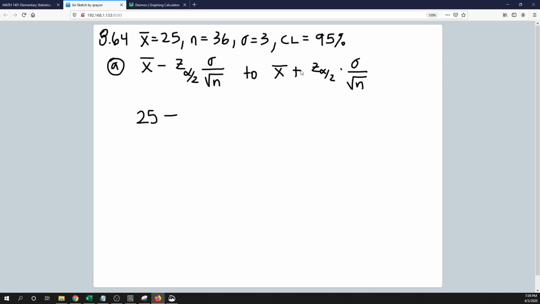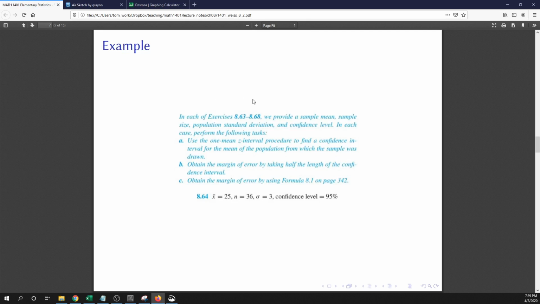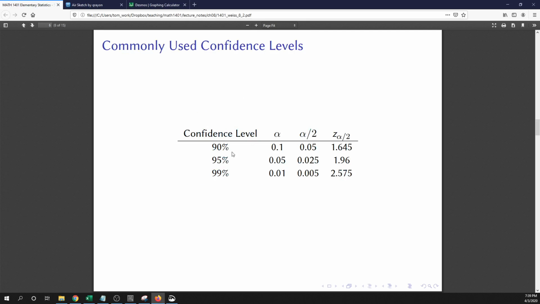All right. And now we need z of alpha over 2. Right. You can use table 2 to get that. But remember, I've given this chart here for some convenient values, or the usual values that they ask for, and we want a 95% confidence level, right?